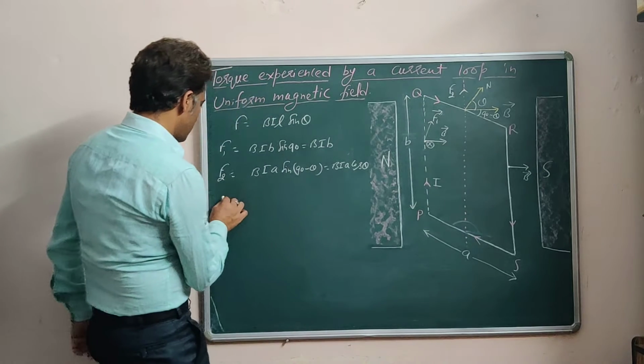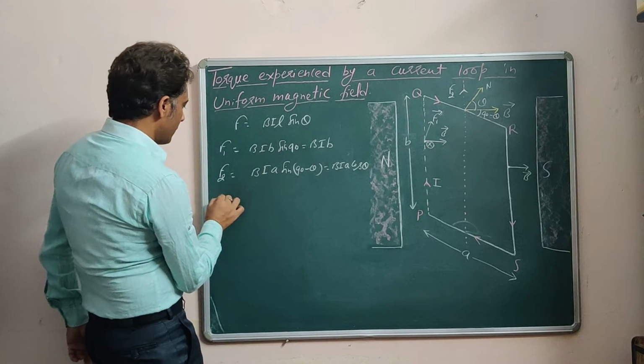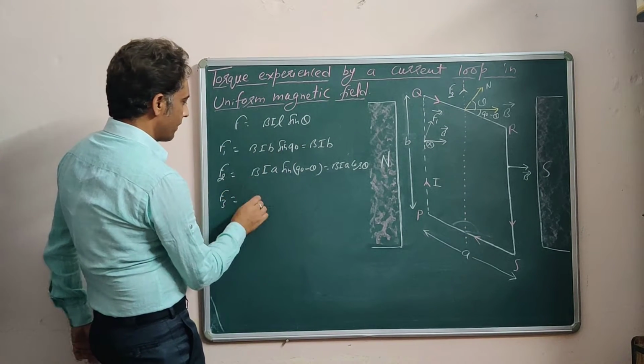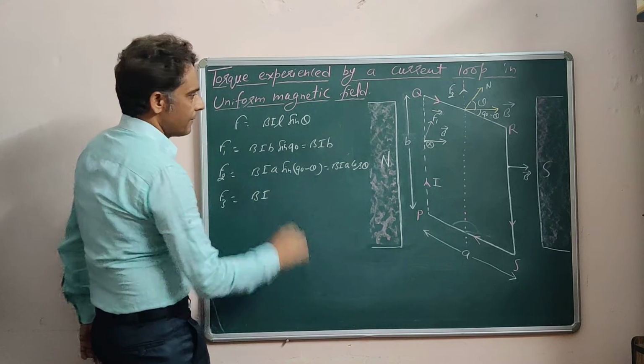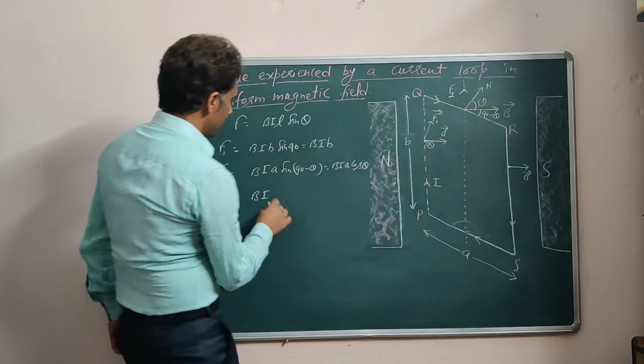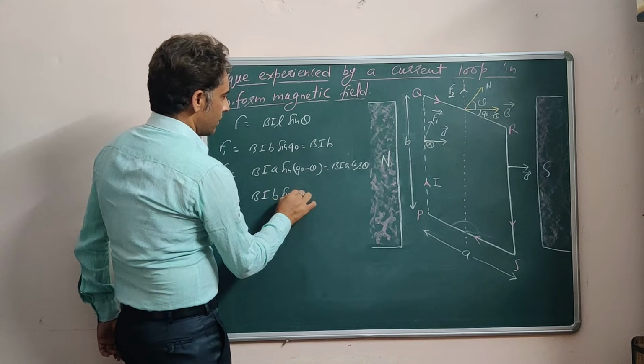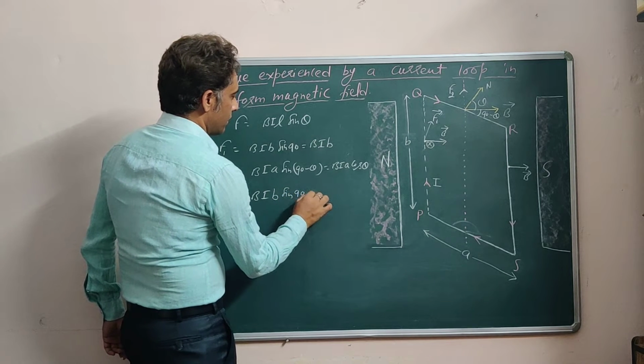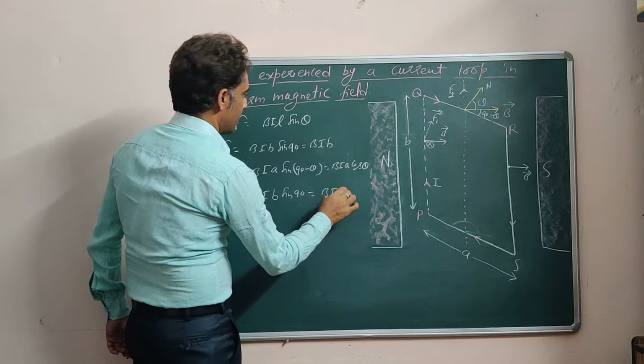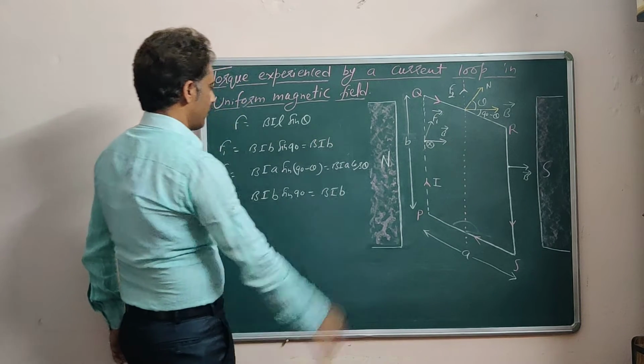Again, if the force on this is F3, then we can write F3 is equal to BI, the length of this portion is B, sin 90, that is equal to BIB.